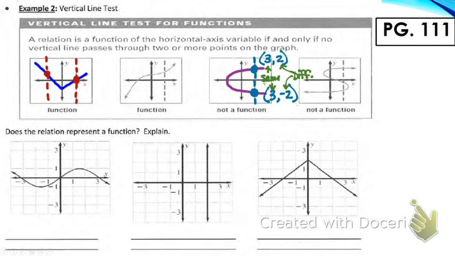I want to look at these 3 graphs to see if they are functions. So we've got this squiggly right here. Is there anywhere, if I hold my pencil straight up and down, is there anywhere I could put my pencil where that red squiggly crosses more than once at the same time? No, that's a function.